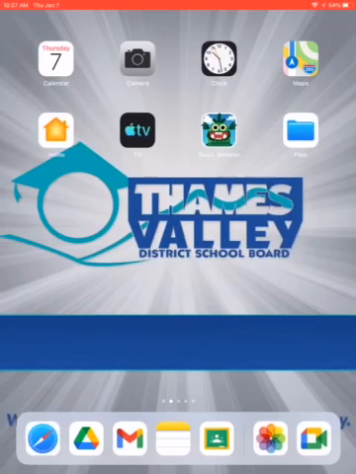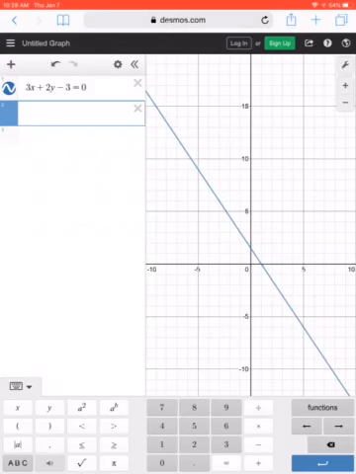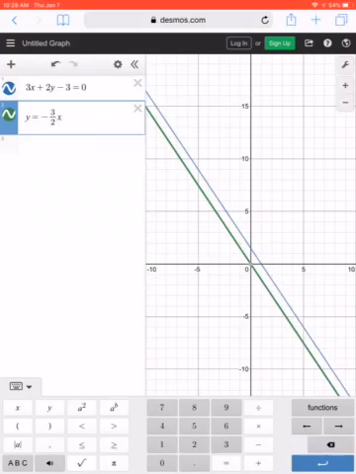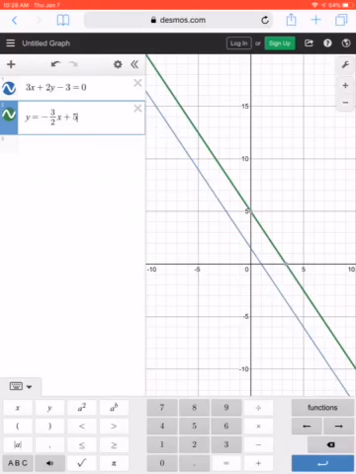So I rewrote it as y equals negative 3 divided by 2, and then you're going to have to click beside, up top there. So negative 3 divided by 2x plus, I think it was 5 divided by 2.